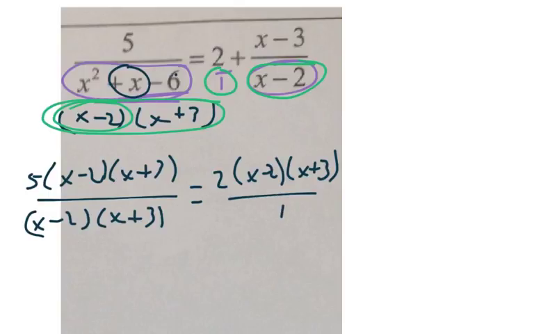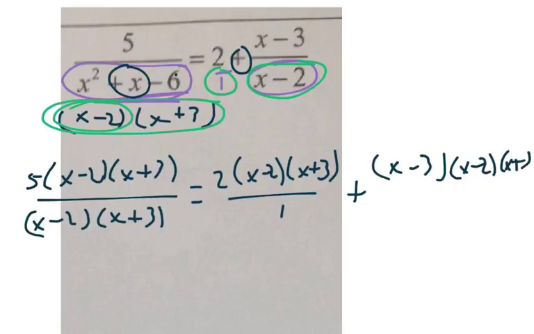It's over 1, but hopefully you understand that that's really insignificant. Plus, there's a plus right there. If that was a minus, make sure it's a minus. But now I'm going to take x minus 3 times x minus 2, x plus 3. That's a 3 right there, guys. Over x minus 2.